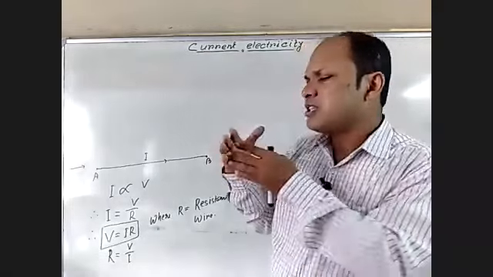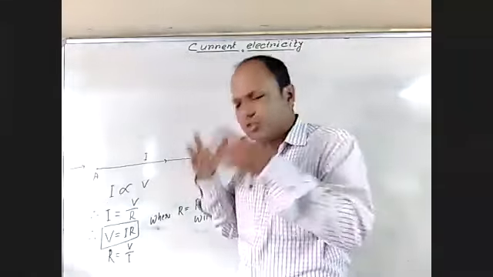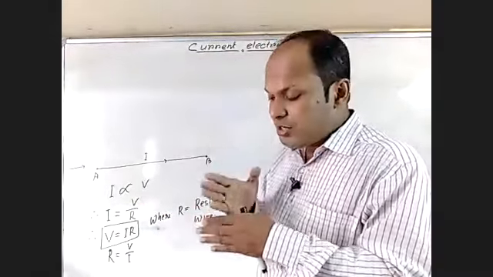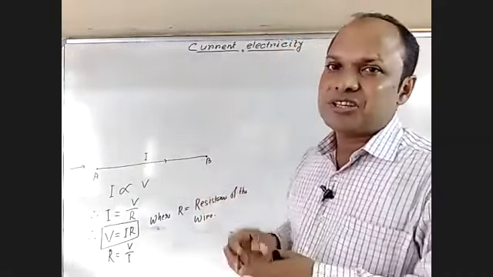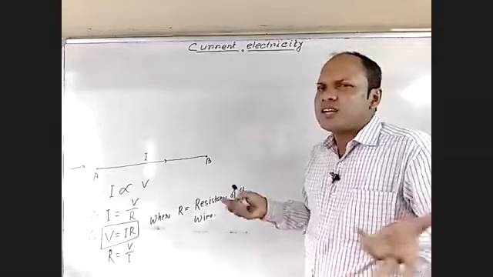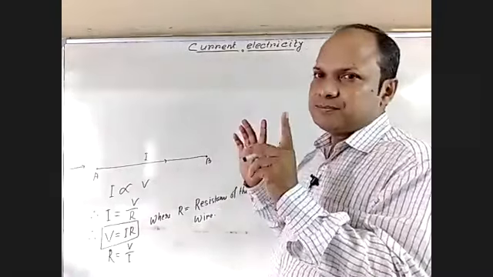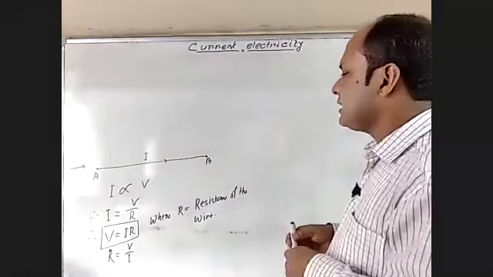Some electrons are moving in this way, some in that way. The motion of the charges will be disturbed. The disturbance occurring during their motion is called resistance. So resistance is one kind of obstacle against the flow of current, against the flow of electrons or charged particles.